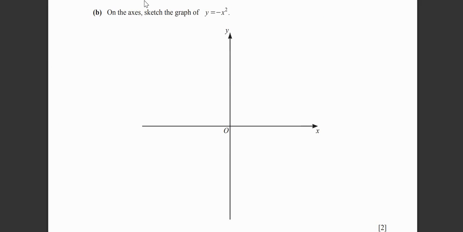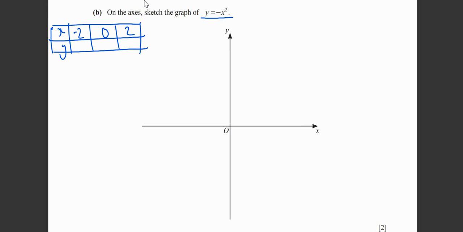The next question says, on the axis, sketch the graph of y is equal to negative x square. What you can do is take values of x and y, take negative 2, 0 and 2. When x is negative 2, y is equal to negative 2 square, which is negative 4.